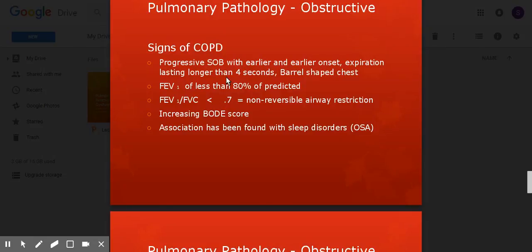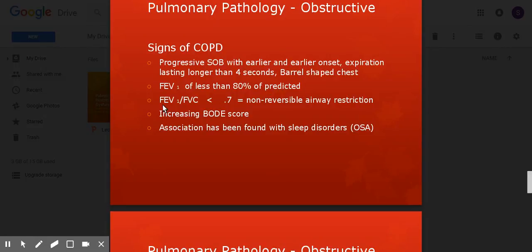Again, as we talk about that large residual volume of air that's trapped in the lungs, they're trying to passively let as much of that air exhale before they inhale. These patients develop that barrel-shaped chest, which we've described several times. These patients will have an FEV1, which is a forced expiratory volume in 1 second, of less than 80% of predicted.